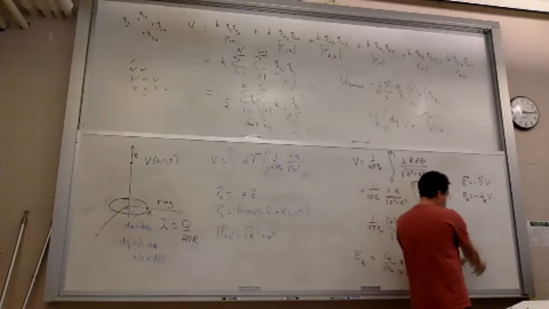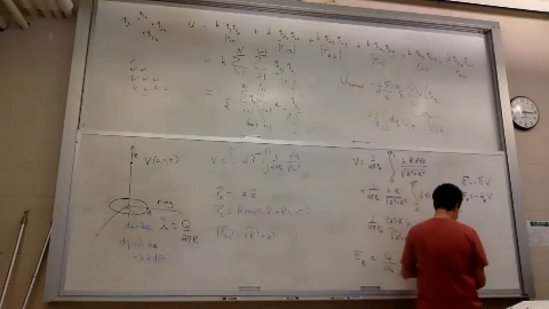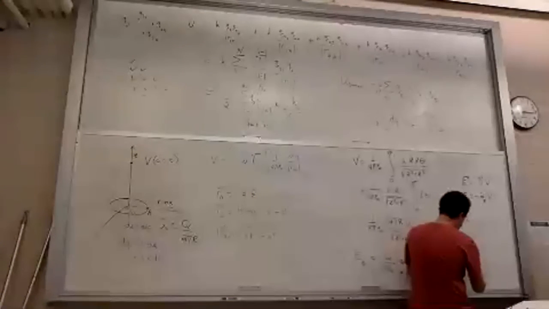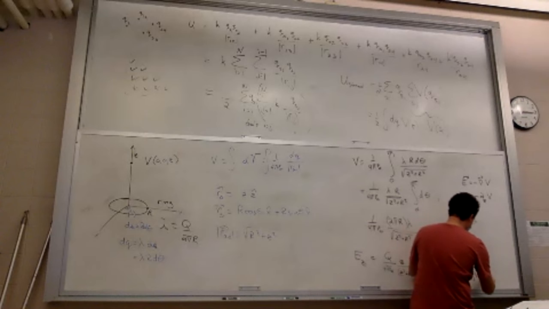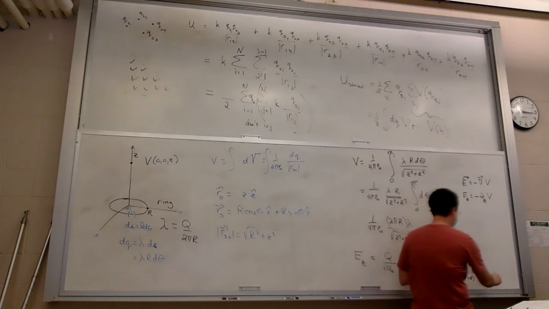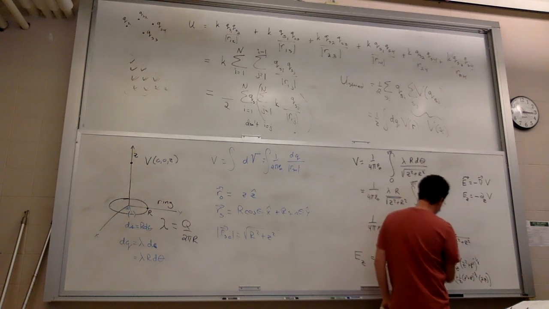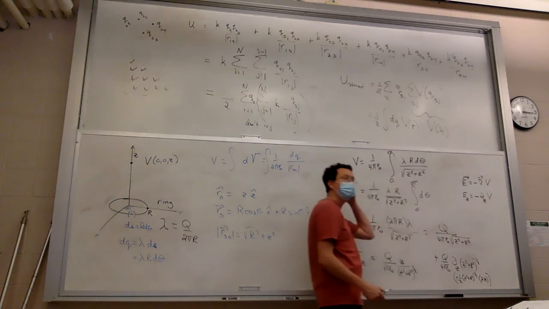I have to take the derivative of the outer function and then the derivative of the inner function using the chain rule. Multiply by the old power, minus 1/2, times this thing to a one lower power, so z squared plus r squared to the negative 3/2, times the derivative on the inside, which is 2z. So this 2 goes away, and this minus sign goes away. The z's in the numerator, and I get 3/2 downstairs.